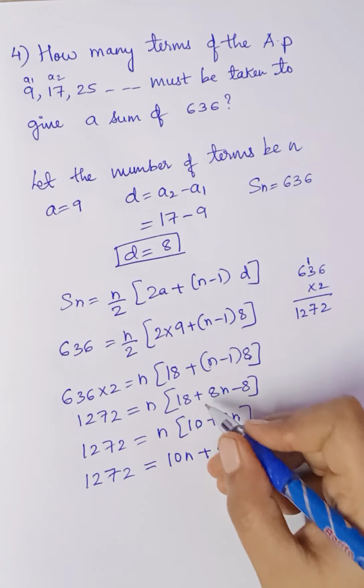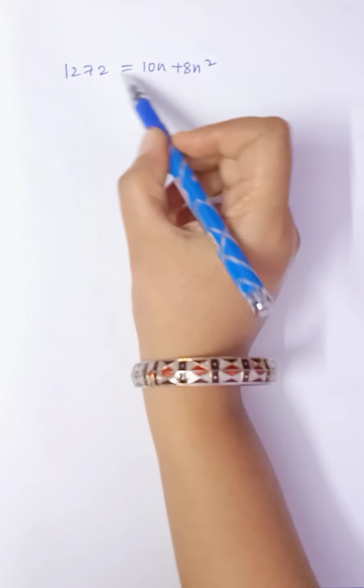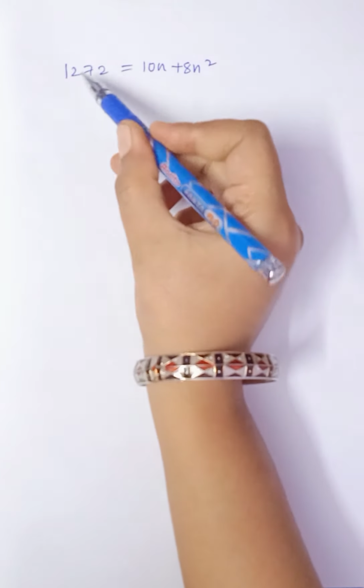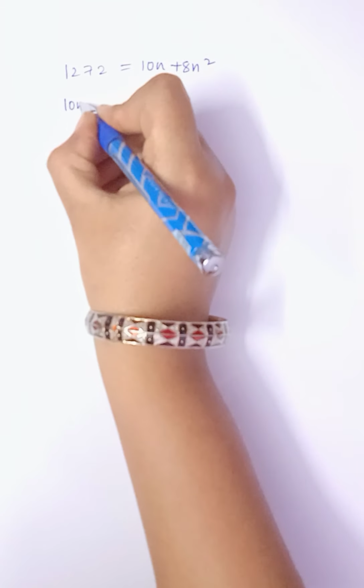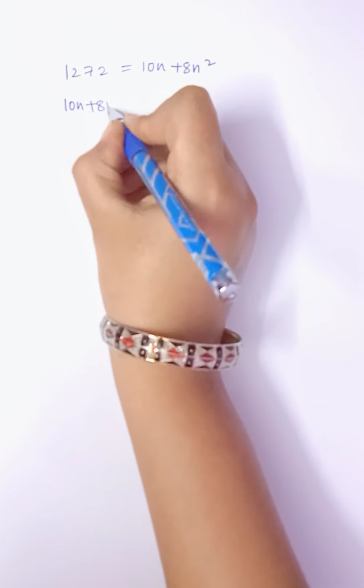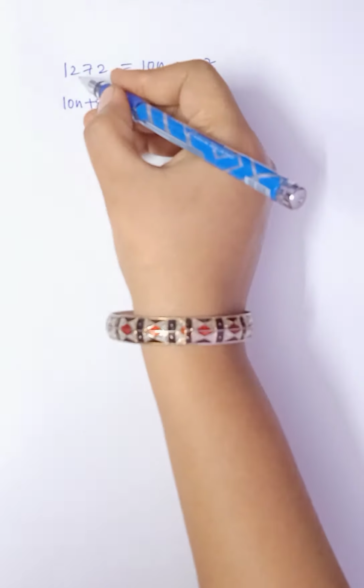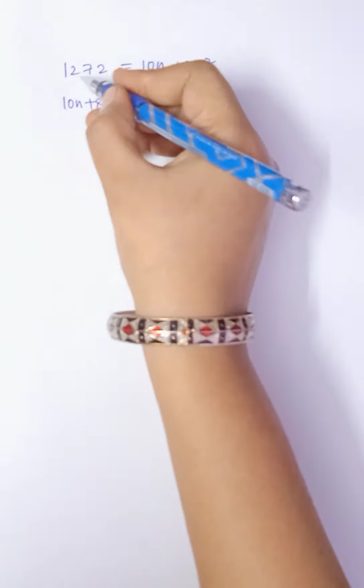This we are going to solve. Now I am going to shift this here. When I shift it, it is positive, so it will become negative. So let me arrange this equation: 10n plus 8n square, then shifting this here it becomes negative, minus 1272, which is equal to 0.